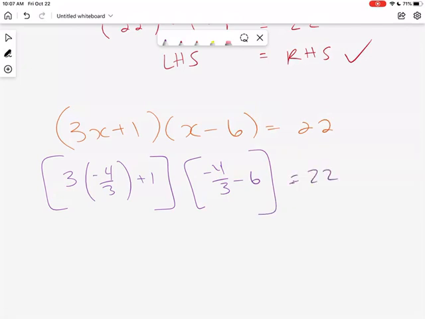I want to see if that equals 22. When I multiply these two together, it's kind of like I have 3 over 1, so I can cross cancel. So I'm left with negative 4 plus 1, which is negative 3. And then for this one, I have negative 4/3 minus 6. Again, I need a common denominator to do my subtraction. So I can rewrite this as over 3.